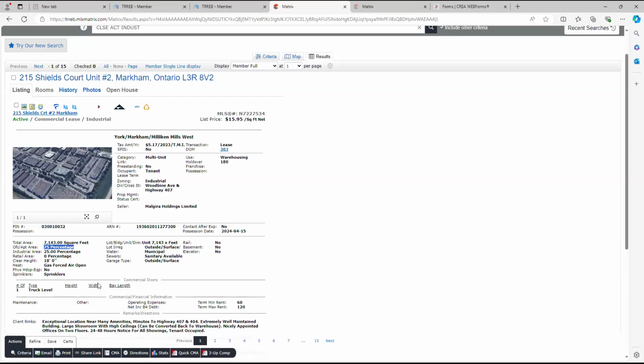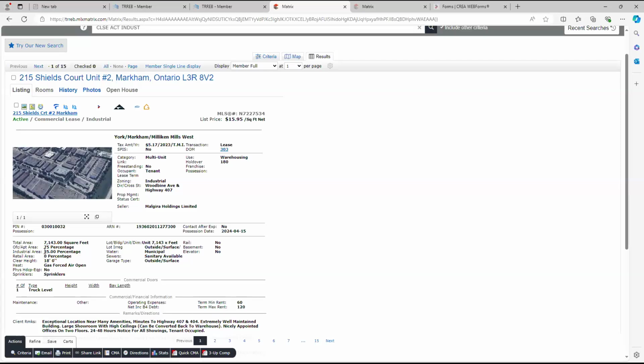So if your clients are looking for something for warehousing, maybe the office area is too much. This kind of property will be good for some wholesalers, for some people doing wholesale and retail business, or running some online operation. So that's good for some people.